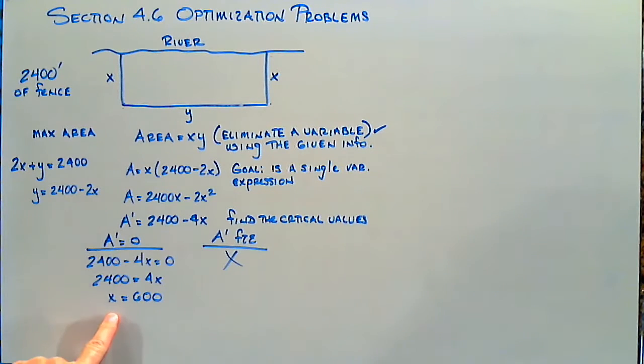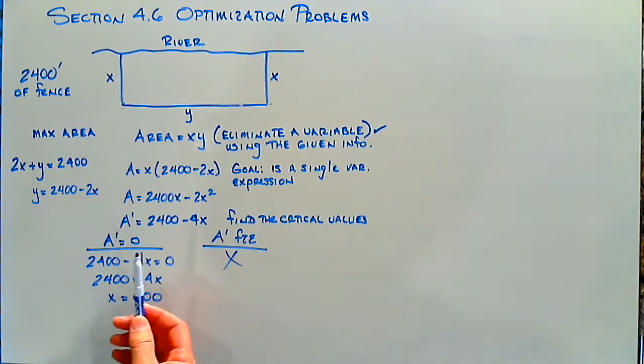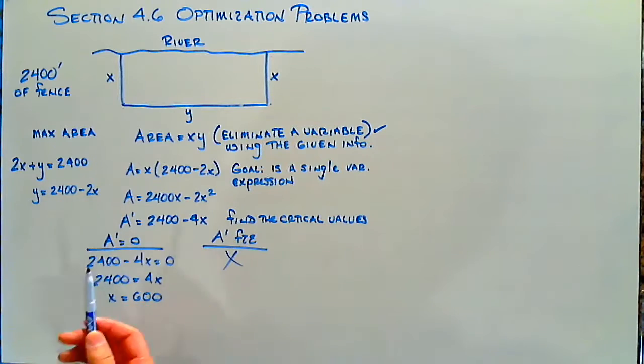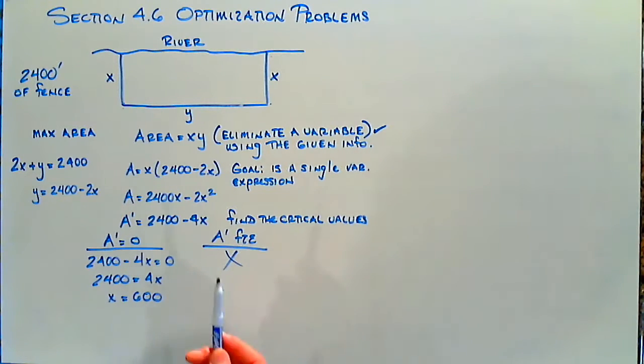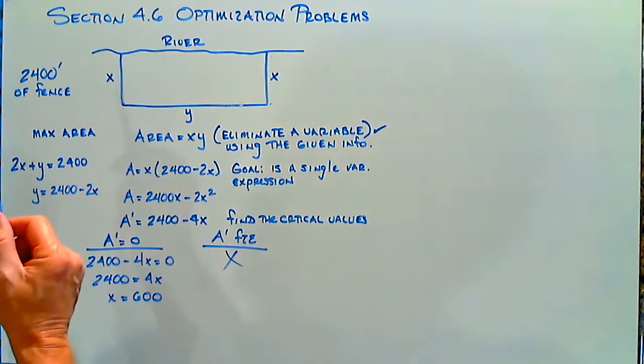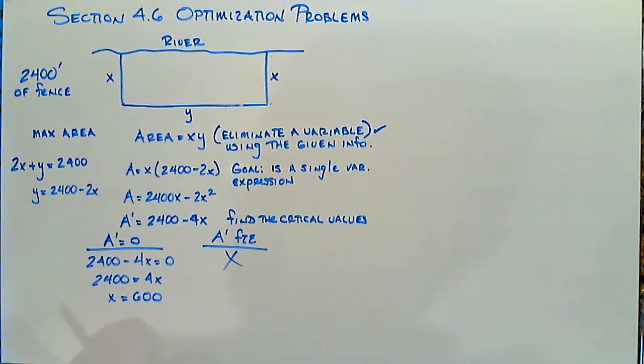Now remember, this is just a critical value. We do not know this is a maximum at this point. We have one critical value, and we also have the ability to say, well, how do I know that's a maximum, right? Well, we have a closed interval method. We can use the closed interval method here. We know that there's two extremes here for our fence.